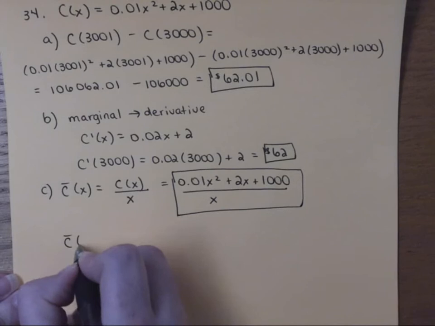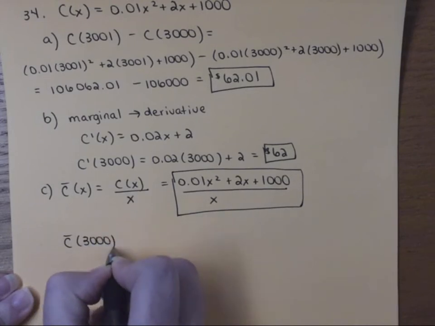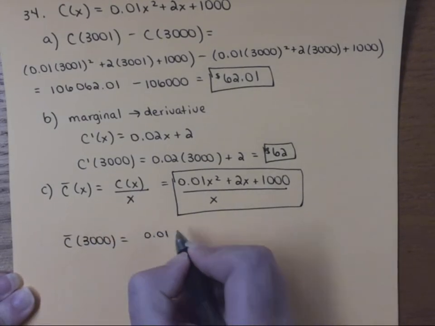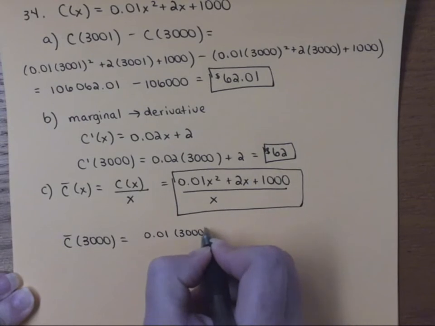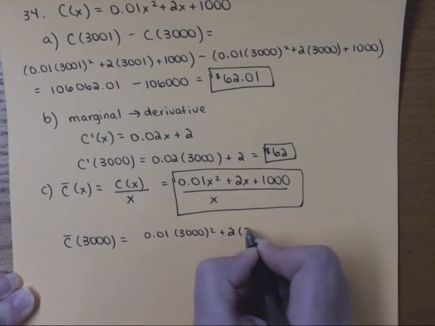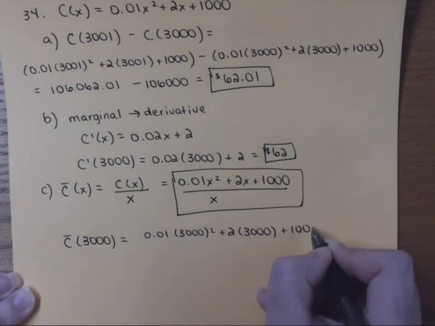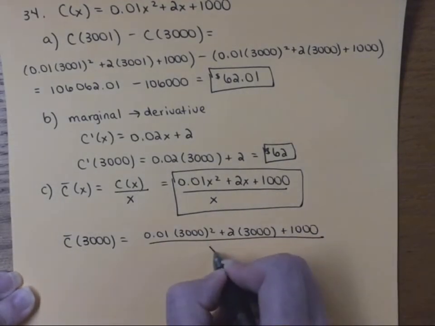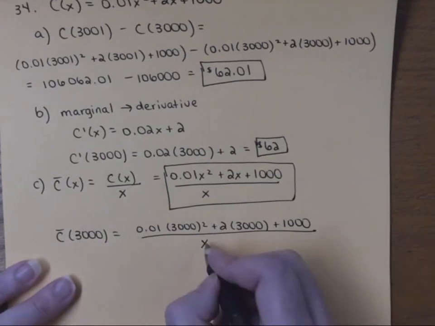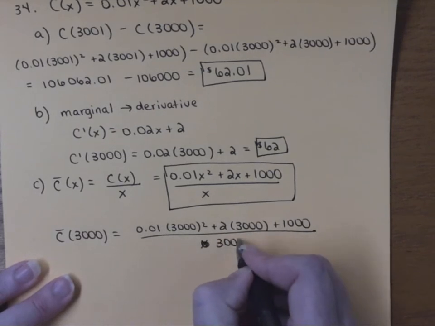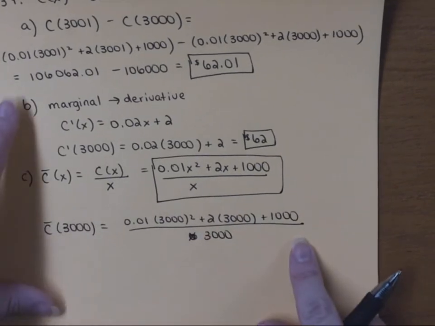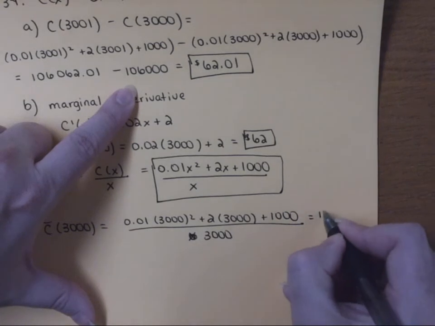But then if we want to plug in 3,000, it'll look like 0.01 times 3,000 squared plus 2 times 3,000 plus 1,000 over x. Oh, sorry, not x, right? We plug in 3,000. But we already did the top, right? If you go back up here, we already got 106,000 here.